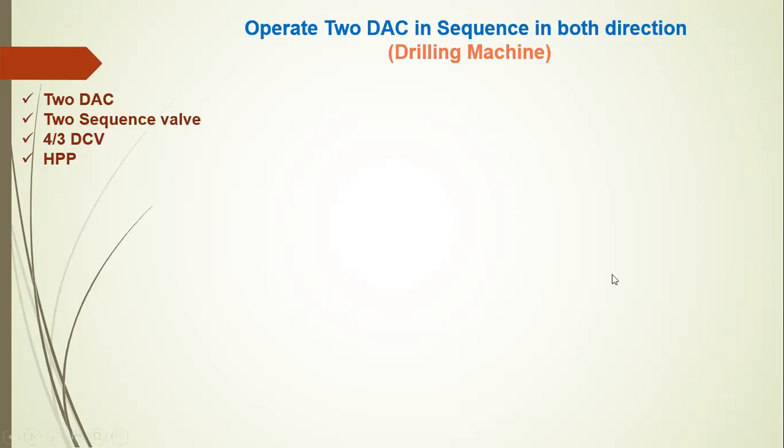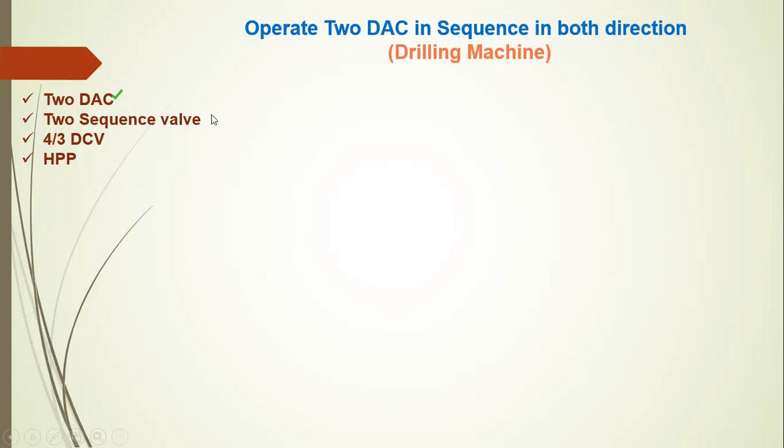Let's list out the required components. As per the requirement for drawing the hydraulic circuit for the drilling machine, we need 2 DACs, as the name mentions, to operate in sequence. Second, we require two sequence valves, because we operate two DACs in both directions.